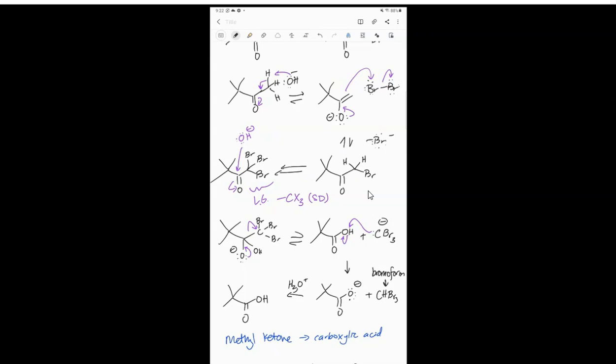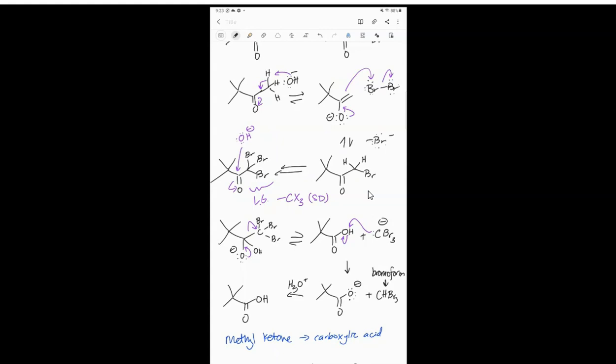It's going to close down and kick out the CBr3, leaving you with the CBr3 anion, which will then deprotonate your acid to form the halo form. In this case, it's bromoform. And you'll end up with the carboxylate, which then you'll treat with acid to give yourself the carboxylic acid. Okay, so that's the mechanism for that one.